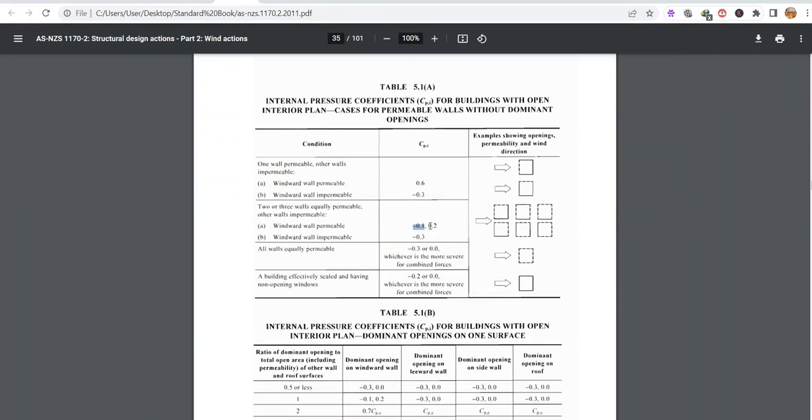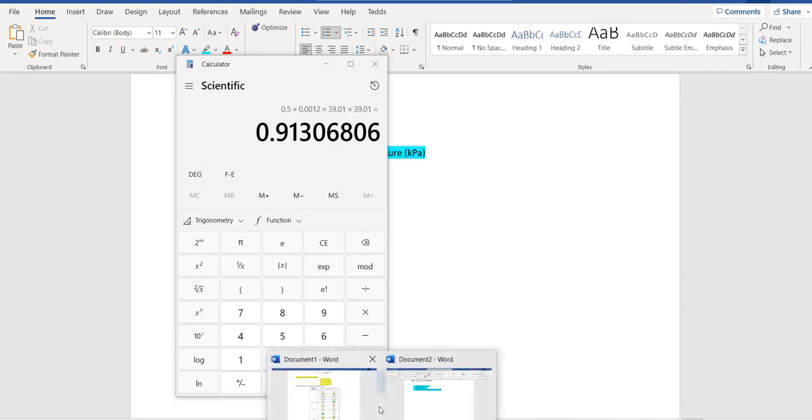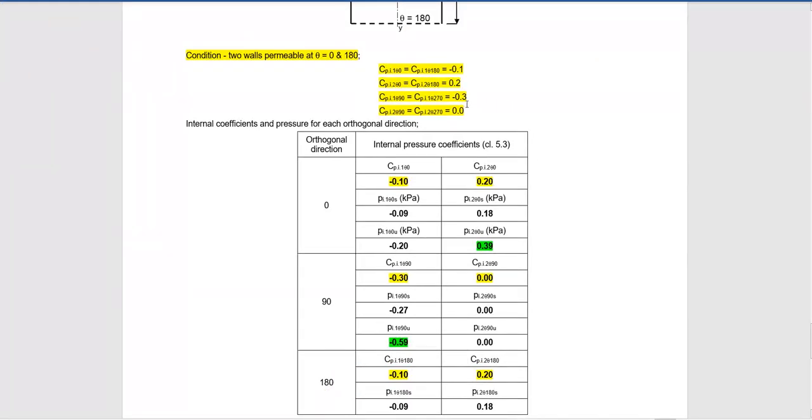And then for all walls impermeable, negative 0.3 and 0. That's why I've got it from here. So I'll go back. Negative 0.3 and 0.